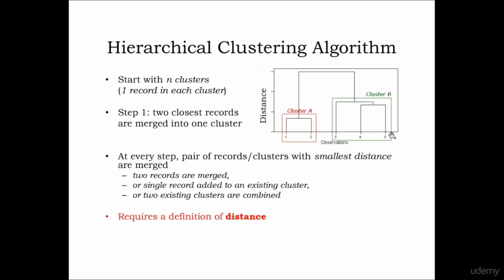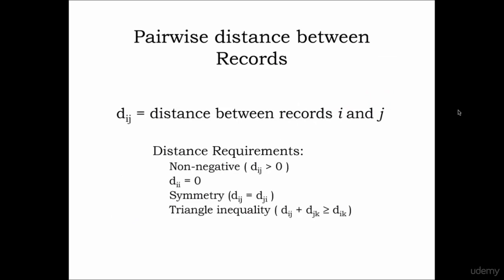If 4 and 5 are next closest, you cluster those two together. If 3 and 4, 5 are close to each other, you cluster that together. In that way, you keep on proceeding with the clustering exercise. All the while you're saying that two records are close to each other. How do you actually evaluate which two records are close to each other? That's the problem that we're trying to solve now.